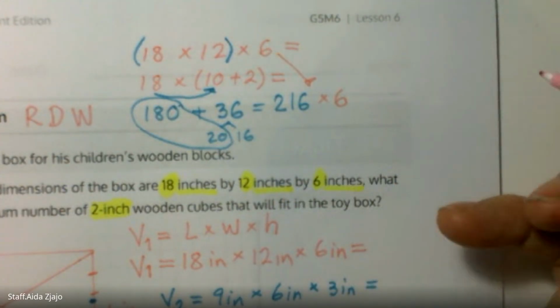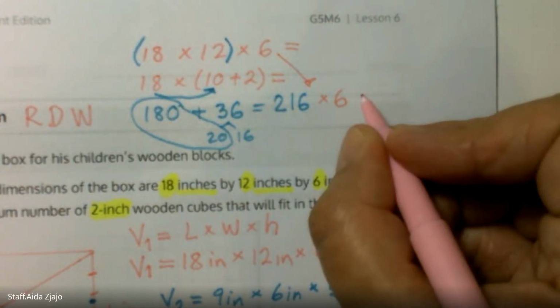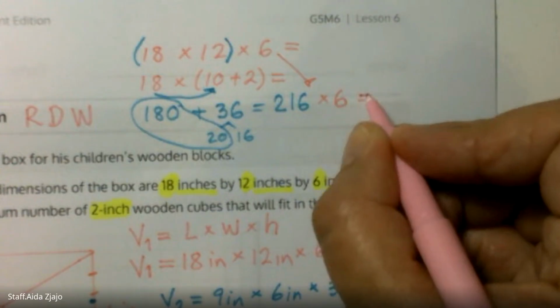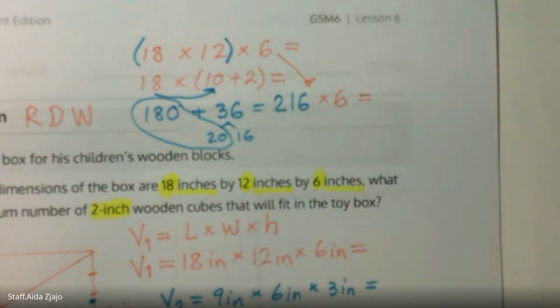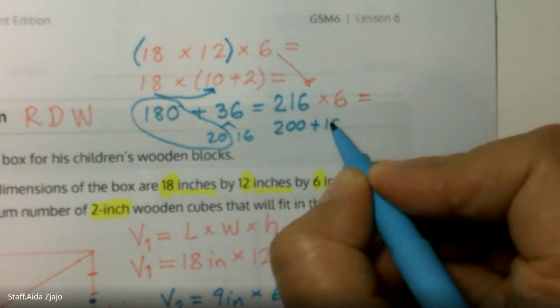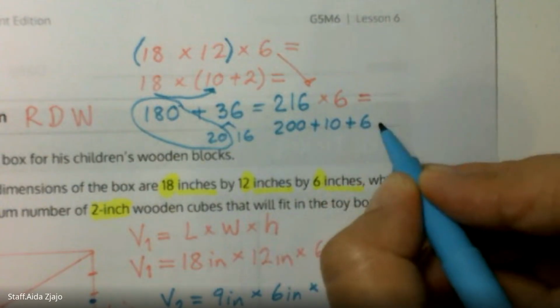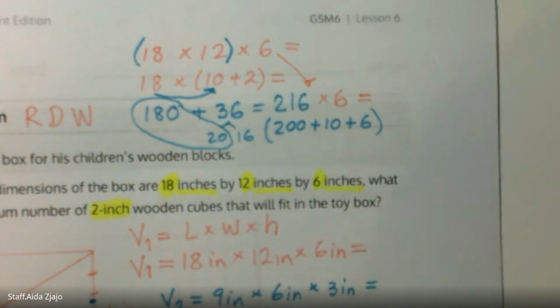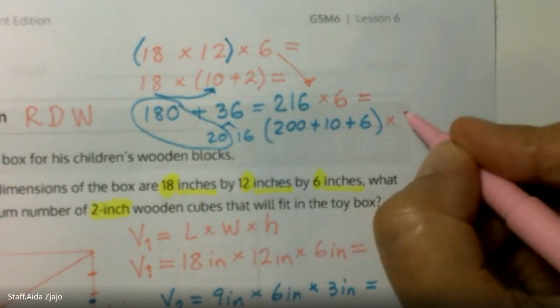But now you need to multiply by 6. Again, you can use a distributive property if you wish. So you can say, okay, 216 is 200 plus 10 plus 6, and you need to multiply that all by 6.